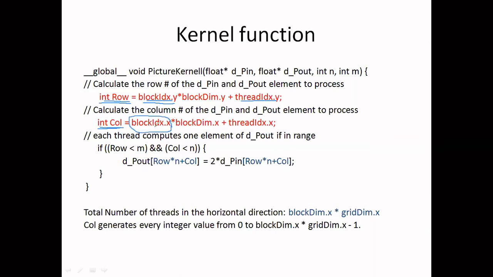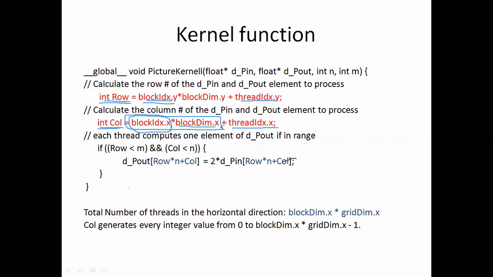If it is in the 0th block, it will not need this part of the expression, right? So 0 into block dimension plus thread index. If it is in the first block, the next block index is 1, so 1 into the block dimension.